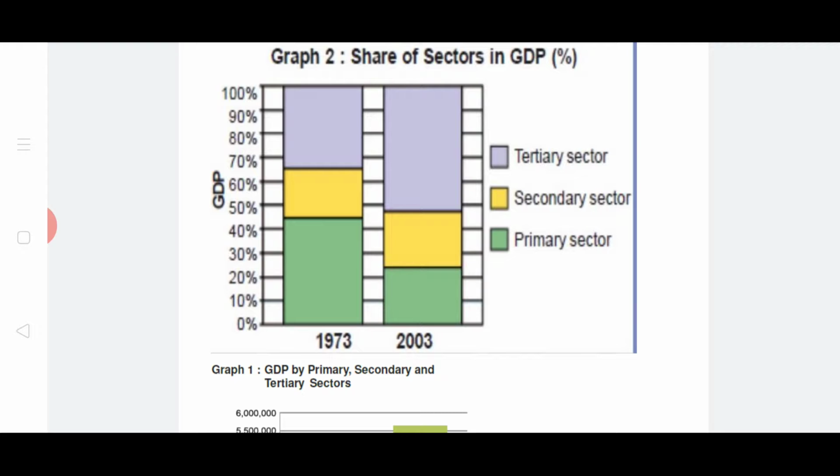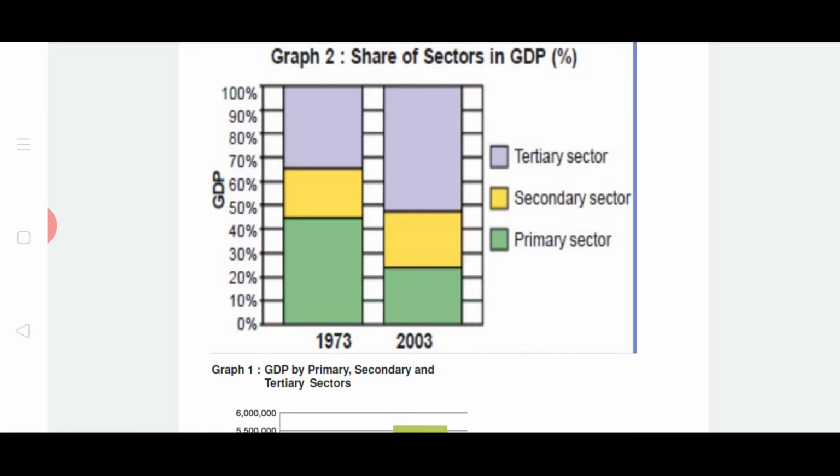Green shows the primary sector, yellow shows the secondary sector, and the third color, a little bit bluish, is the tertiary sector. Primary means agriculture and allied sector, secondary means manufacturing or industrial sector, and tertiary means service sector like banking, insurance, transport, communication and all.